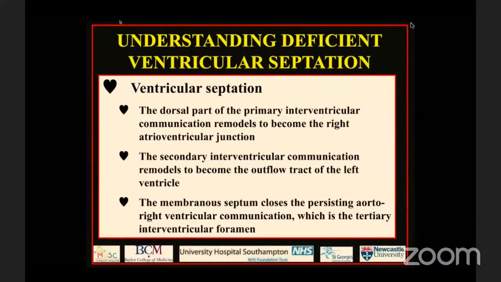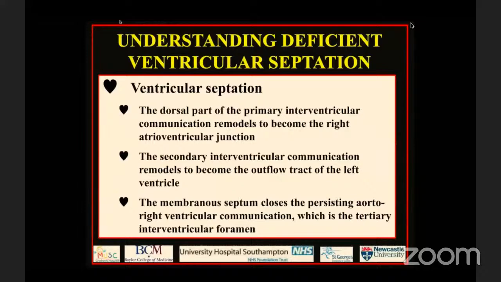Because in isolated ventricular septal defects, the first two parts you see there, the remodeling of the inlet and the remodeling of the outlet, have happened normally. The right ventricle has its own inlet, the left ventricle has its own outlet, but there is a persisting communication between the ventricles that is the equivalent of the tertiary interventricular communication.